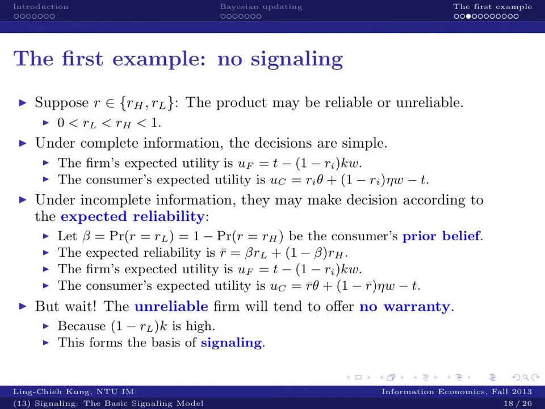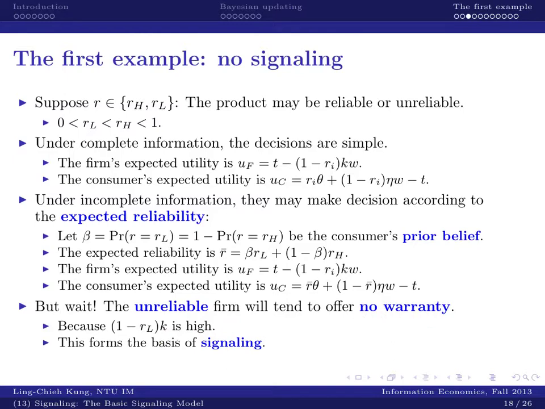For an unreliable firm, RL is small, so it is more likely to pay this repairing cost. If K is high enough, or if R is small enough, then this cost will be too high, and the unreliable firm will prefer not to offer a warranty.